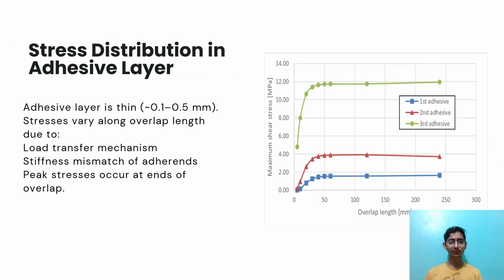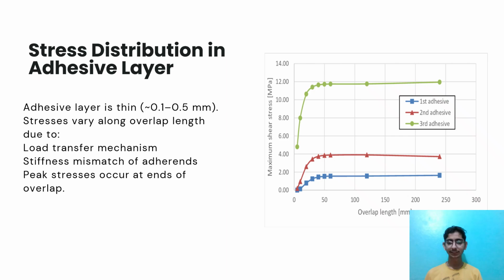So, stress distribution in the adhesive layer. The adhesive layer is very thin, nearly 0.1 to 0.5 mm. Stresses vary along the overlap length due to the load transfer mechanism and stiffness mismatch of the adherends. Peak stresses occur at the ends of the overlap.